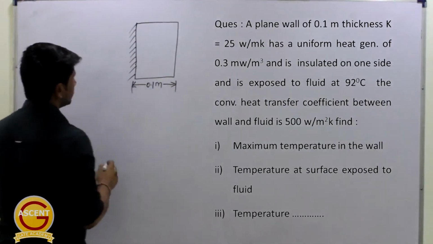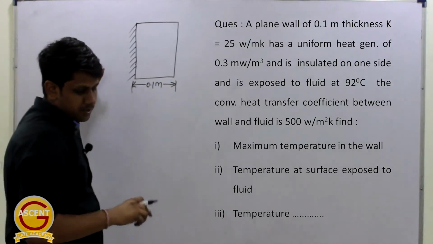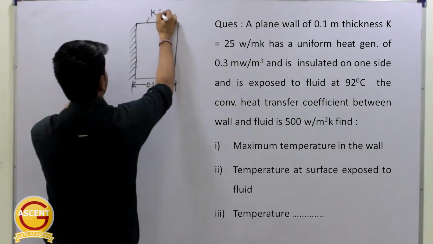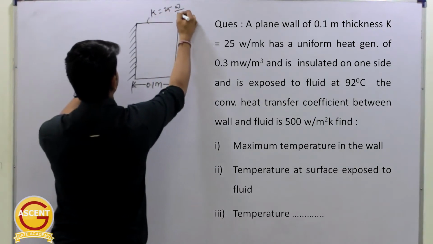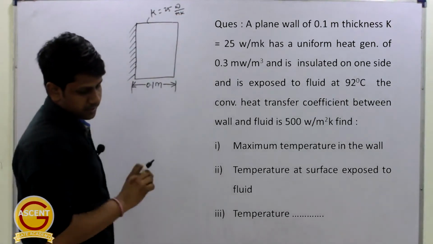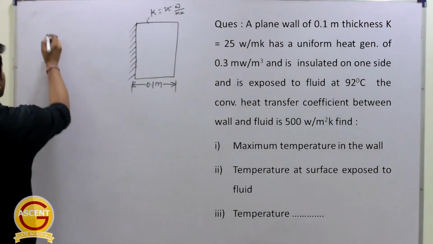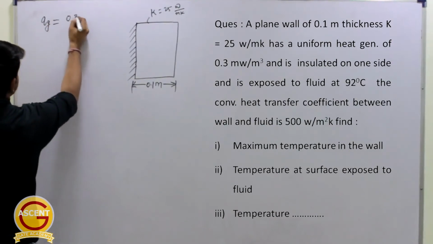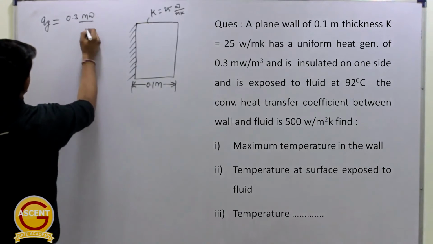So thickness is 0.1 meter. The thermal conductivity he has given as 25, so K value is 25 watt per meter Kelvin. And the heat generation value he has given 0.3 megawatt per meter cube. So this small Qg value is 0.3 megawatt per meter cube.